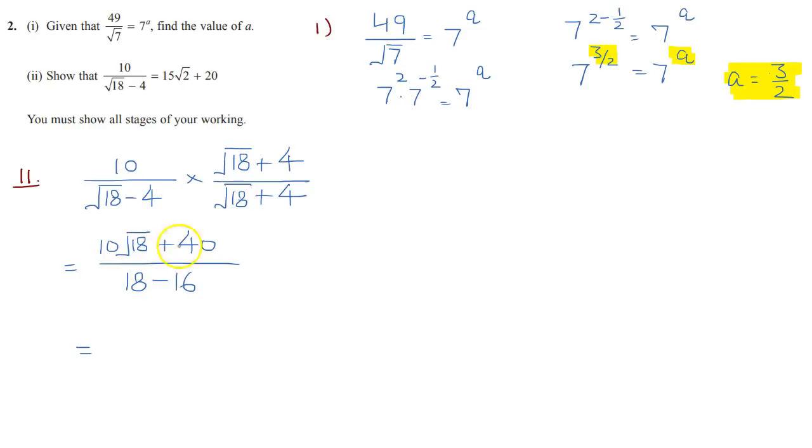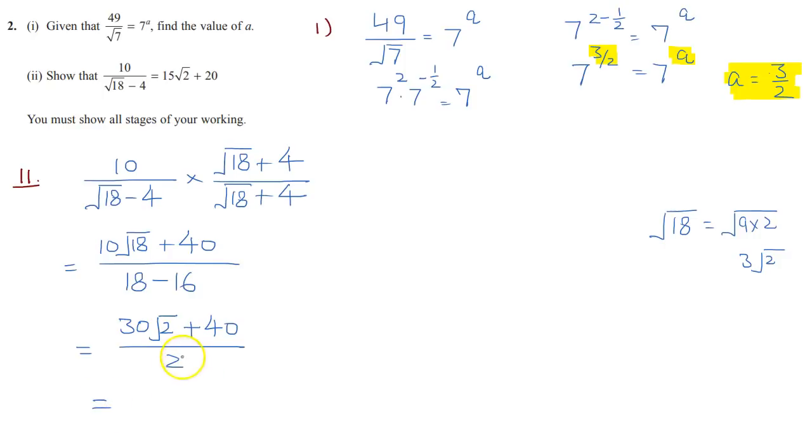10 root 18. Root 18 can be written as root of 9 times 2, which is 18. Root 9 is 3, so this can be written as 3 root 2. 3 multiplied by 10 is 30 root 2 plus 40, over 18 minus 16, which is 2.